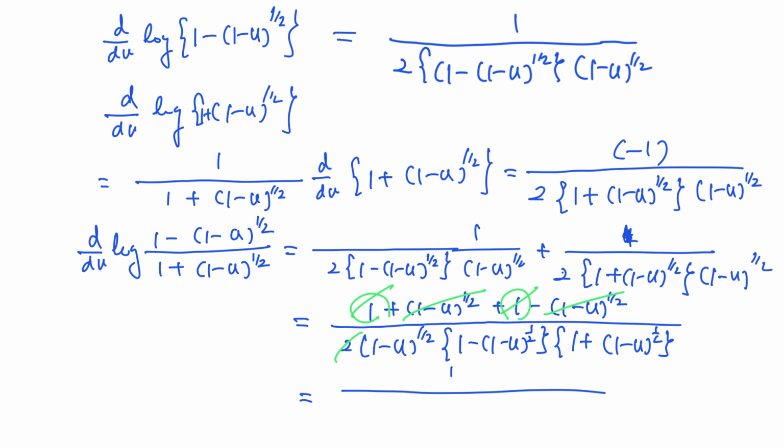It becomes 1 minus u, (1 minus u)^1/2, right? So it becomes u (1 minus u)^1/2 over 1. Familiar? Therefore, we know the answer, right?